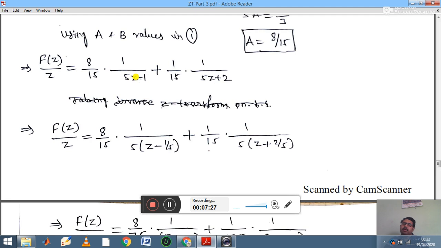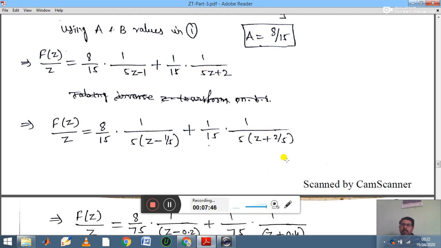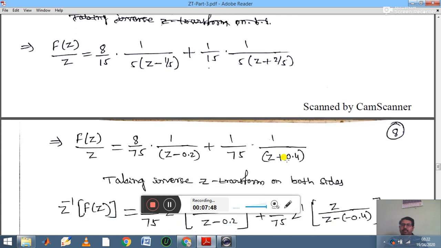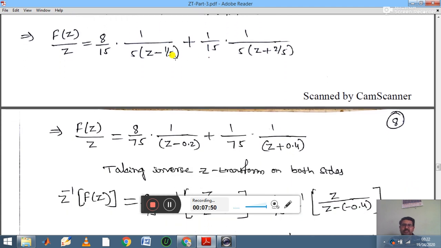While writing this denominator term, I am taking 5 outside, that is 5 common. Then you are getting (z minus 1 by 5) plus 1 by 15 as it is. Again in the denominator I will take 5 outside, then you are getting (z plus 2 by 5). Before going to the inverse z transform, you simplify this step.